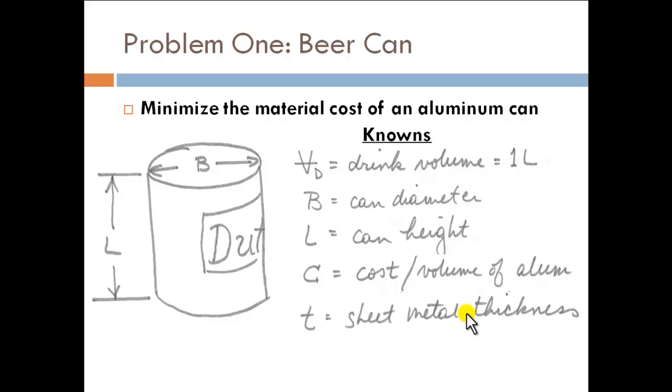The sheet metal thickness, which I am going to assume is uniform throughout, even though this is not the case in the regular can. In fact, the aluminum on the top of the can is not the same type of aluminum that's on the sides. But we'll assume that they're all the same, that it's a uniform thickness, and that there is a total material cost associated with it, and this is what we're trying to minimize.